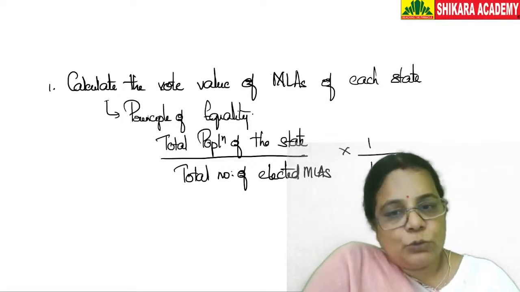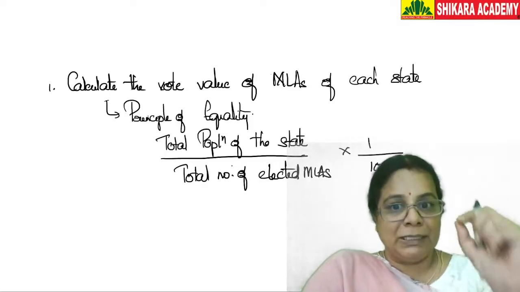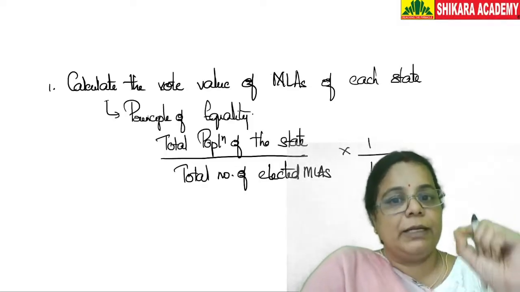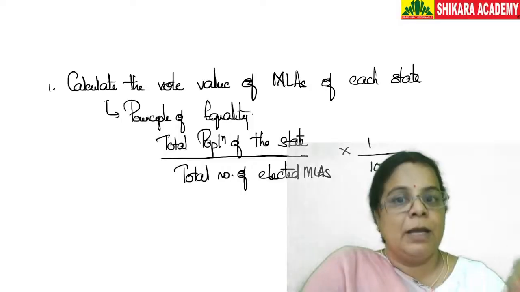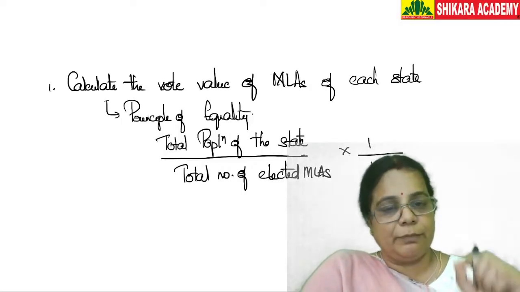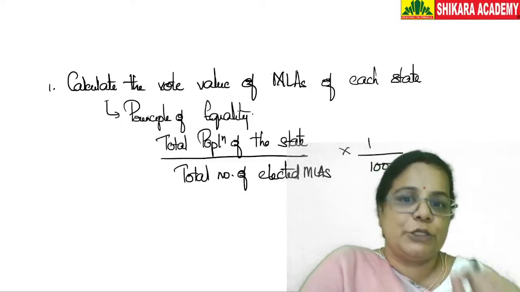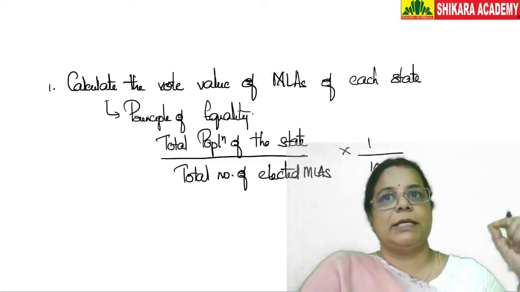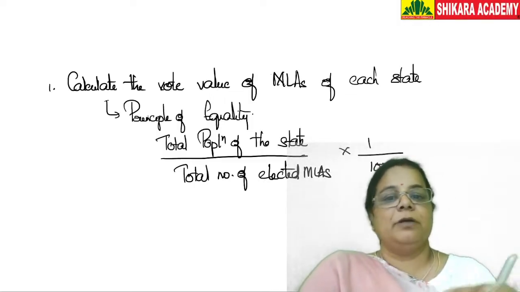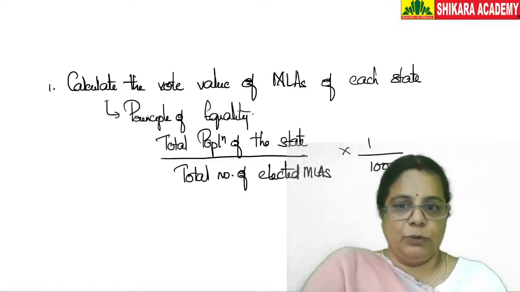Okay. Now, once you do this, remember again, the method of calculating the MLA vote values is the same. However, the determinant of an MLA vote value will be the population of that state. So obviously, a state with more population will have MLAs with greater vote value.